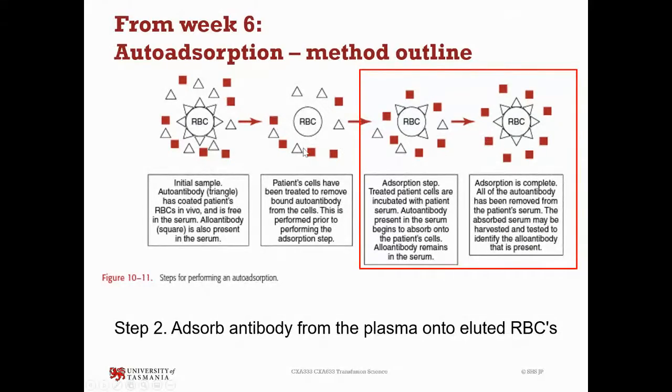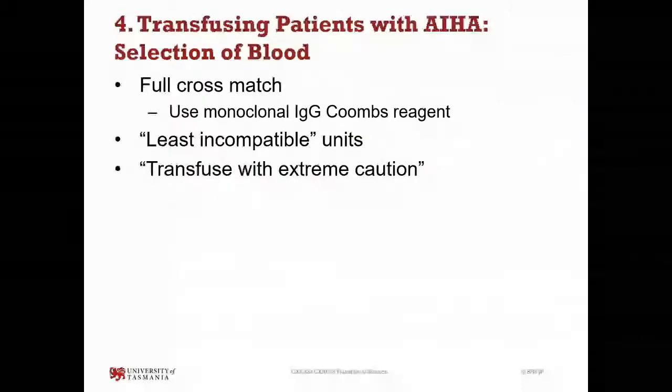So that is how we remove an autoantibody. First of all, we elute the autoantibody from the red cells, and then we use those nice clean red cells to remove any remaining free autoantibody out of the plasma. And then you can test the adsorbed plasma for the presence of any alloantibody. It's a fairly fiddly procedure, but it does work quite well.